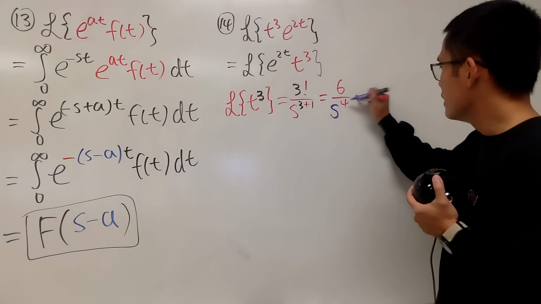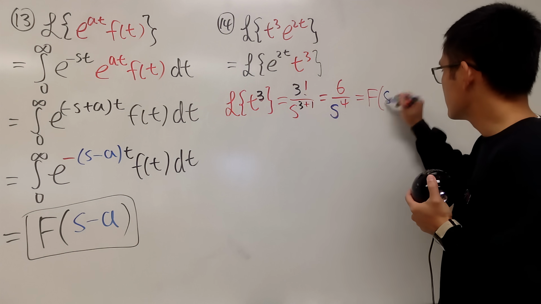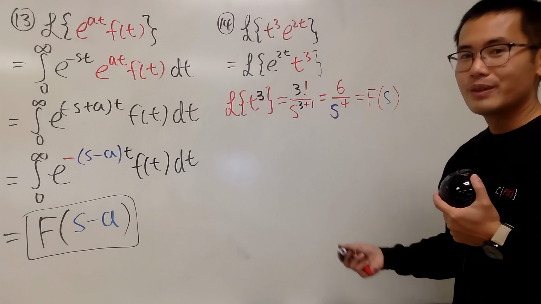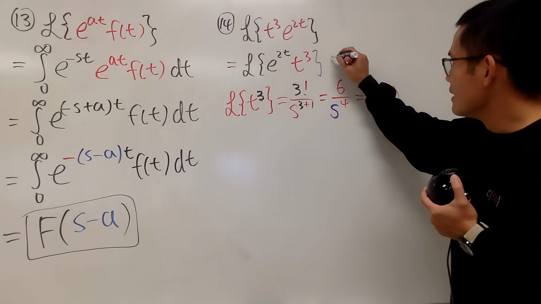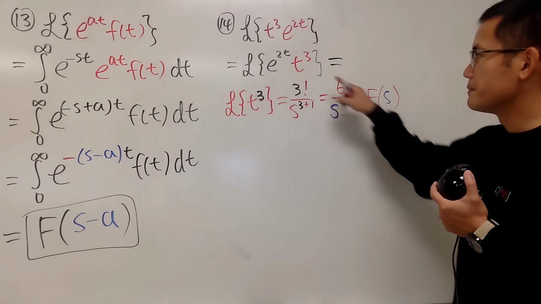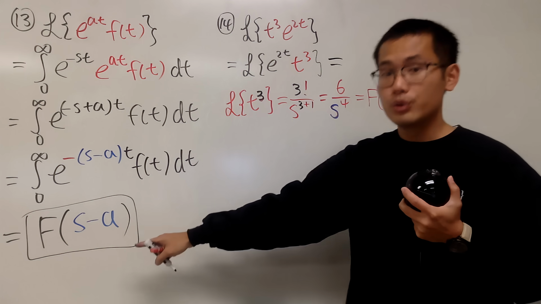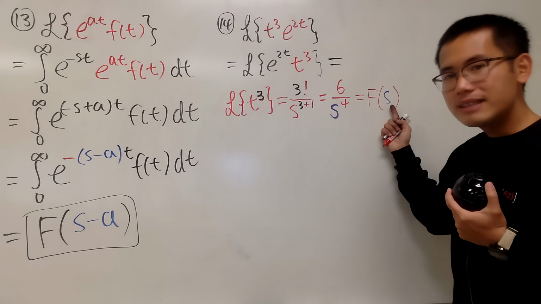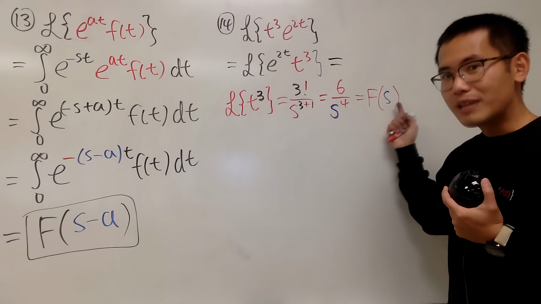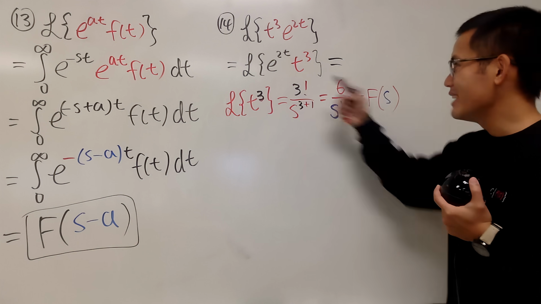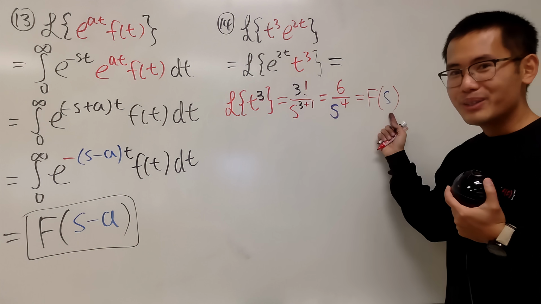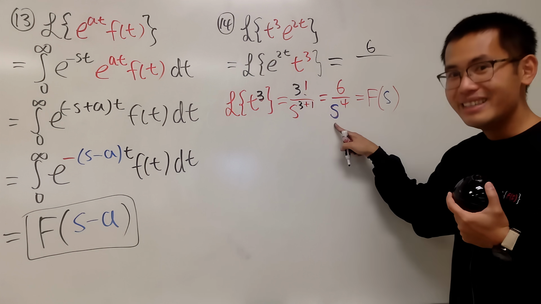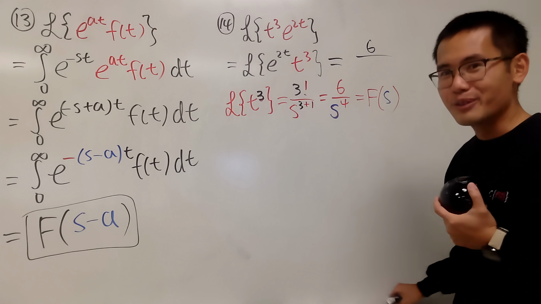And pay attention, this right here is precisely our F of s. Right? So, what's the answer for this? Well, this right here is just going to be F of s minus 2. All we have to do is, instead of the s right here, you just have to substitute s minus 2 because the a right here is 2. And all you have to do is 6 on the top over s minus 2 in here, and then you raise that to the 4th power.